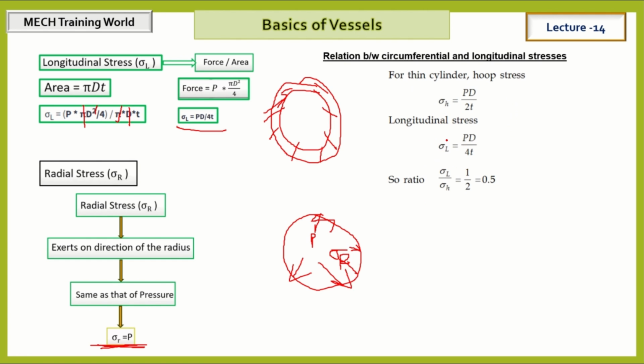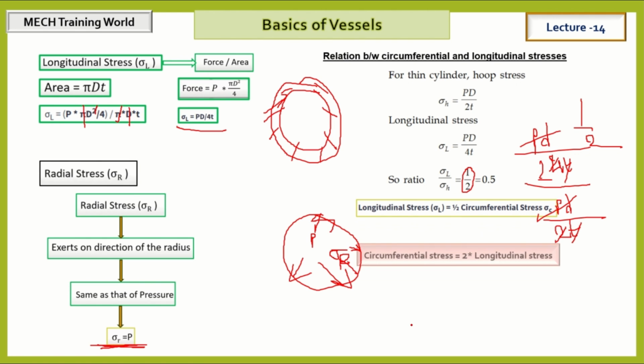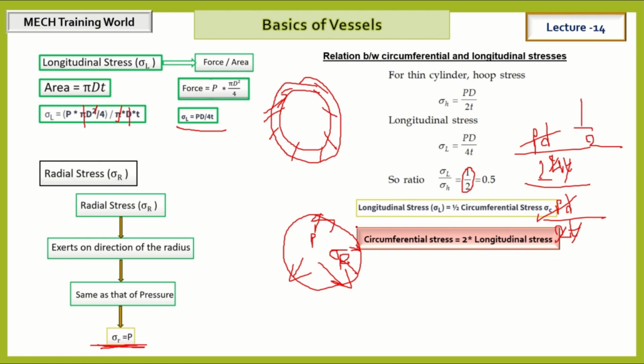If we divide the two, sigma L by sigma H, PD cancels, T cancels, and finally we have 1 by 2. So longitudinal stress is half of the circumferential stress, that is, circumferential stress is 2 times the longitudinal stress. So our governing factor is circumferential stress. I hope you understand this session. Thank you, guys.